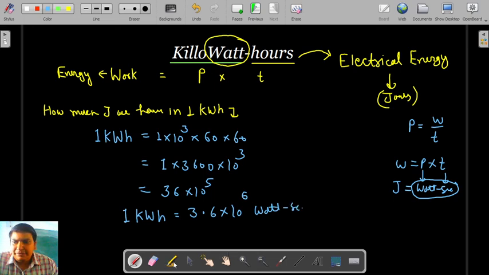Remember that 1 watt second equals 1 joule.